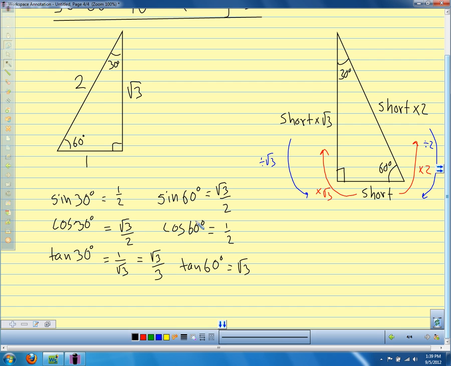When angles are complementary, the sine of one equals the cosine of the other. And that will be true of any complementary angles.